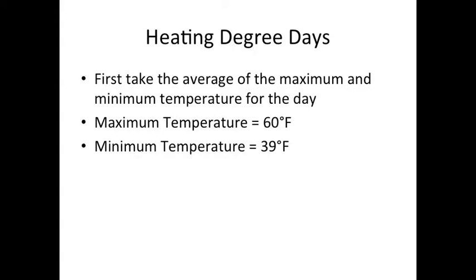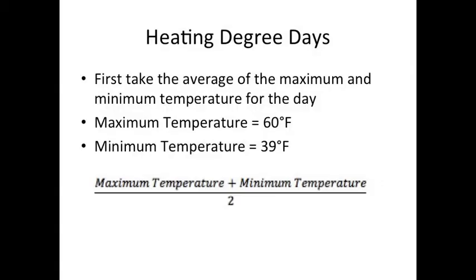So to start this problem, first take the average of the maximum and minimum temperature for the day. In this case, the maximum temperature was 60 degrees Fahrenheit and the minimum temperature was 39 degrees Fahrenheit. So remember our average equation from the first chapter? In this case, it will be maximum temperature plus minimum temperature over 2, 2 being the number of variables.